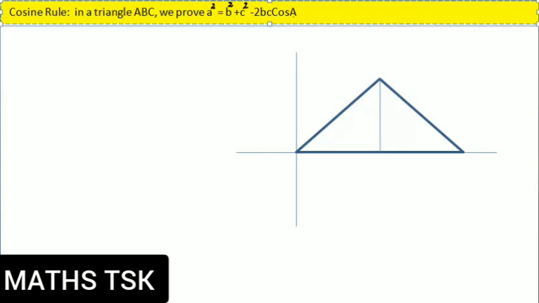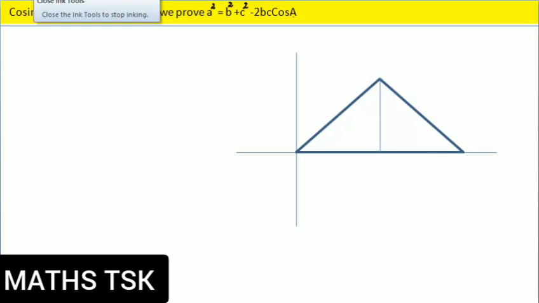Cosine rule. In a triangle ABC, we have to prove that a square is equal to b square plus c square minus 2bc cos A, or else b square is equal to c square plus a square minus 2ac cos B, and c square is equal to a square plus b square minus 2ab cos C. Now let us consider the triangle; we have to prove it for acute, obtuse and right angle triangles.